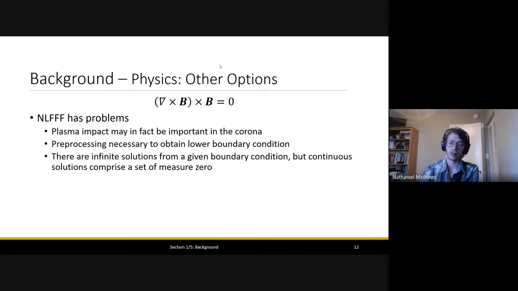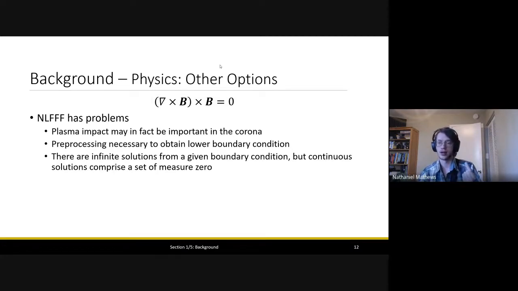And the most important problem for us is that it's ill-posed. A given lower boundary condition can have infinitely many solutions in nonlinear force-free fields, which means that, remember, we're building an inverse problem solver, we need one solution for a given parameter set to be our cost function value that we're trying to minimize.